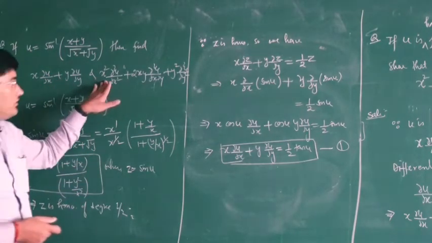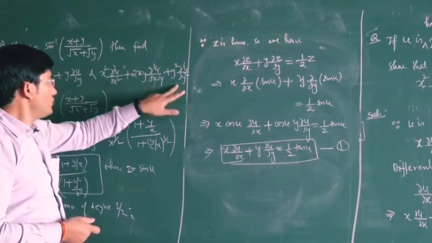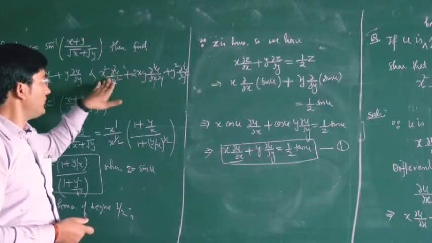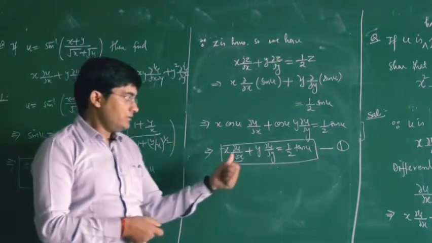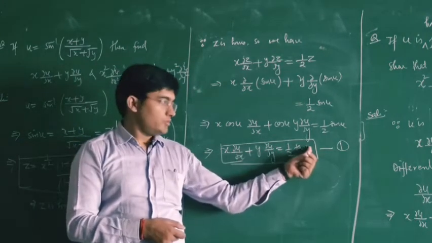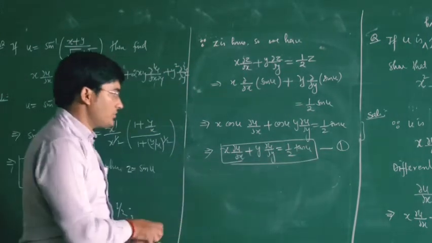Now we have to get the value of these double order derivatives. So for that, again, let us differentiate this equation with respect to x and then with respect to y.